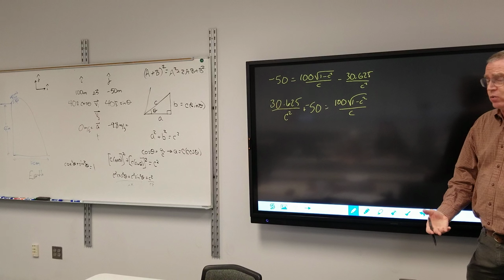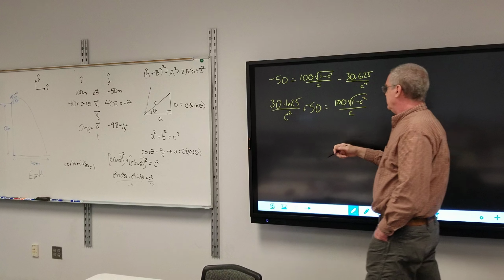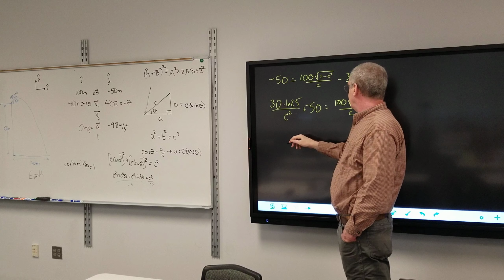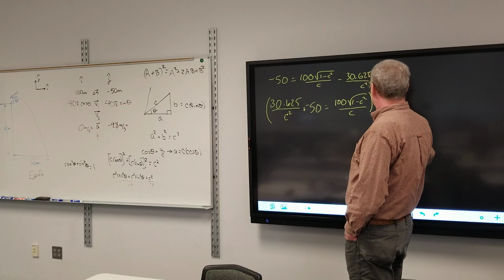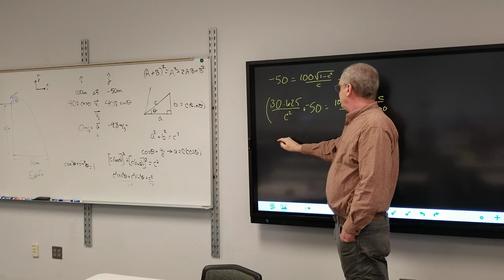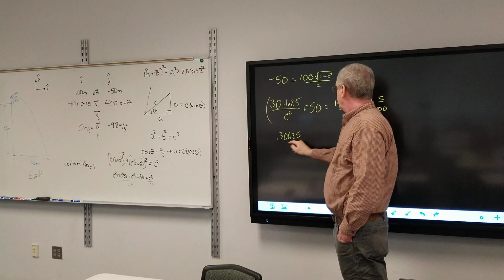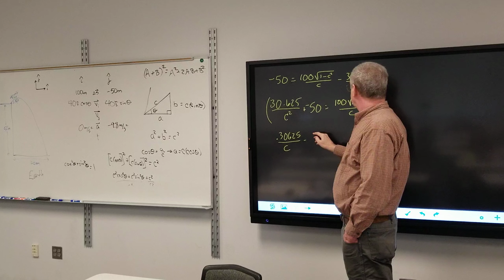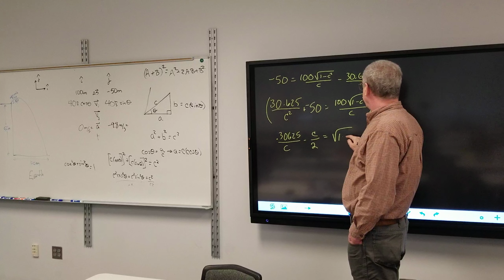Now at this point we could square both sides because I have a single term here, but let's go ahead and isolate this and multiply times c over 100. And so I have 0.30625 over c minus c over 2 equals square root of 1 minus c squared.